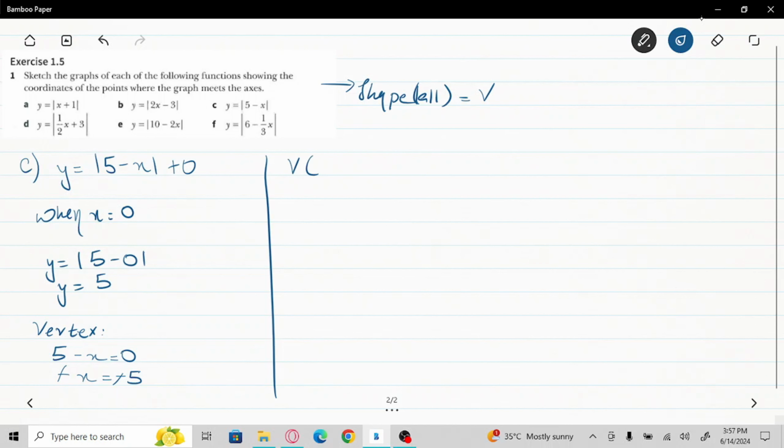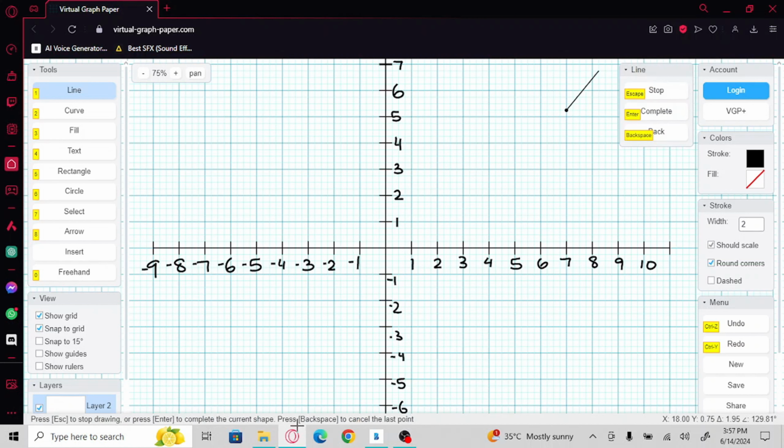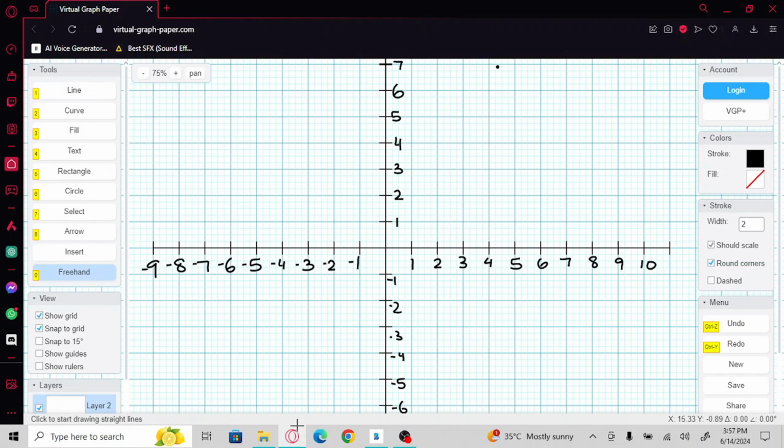So the vertex is at 5, 0, and the other y-intercept is at 0, 5. Again, go towards the graph. We have 5, 0 and 0, 5.